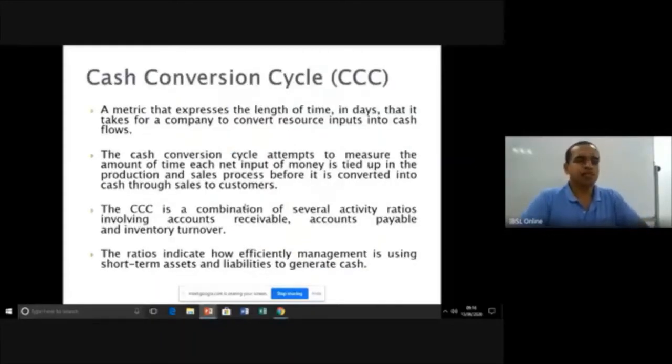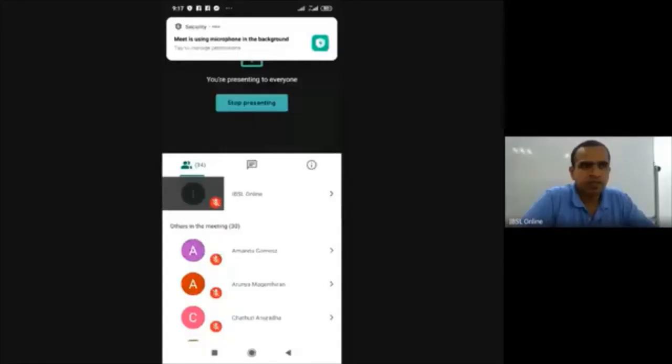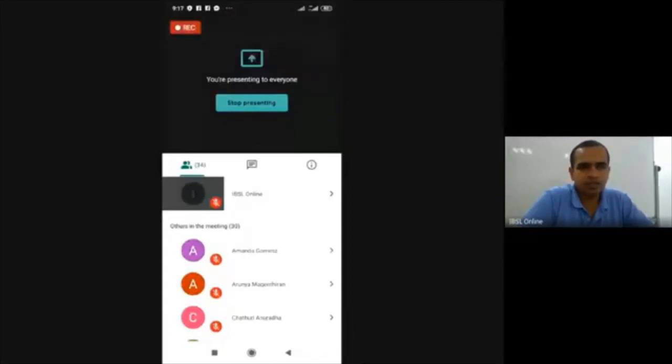Cash conversion cycle is a metric that expresses the length of time in days that it takes for a company to convert resource inputs into cash flows. Right? The time it takes for a company to convert resource inputs into cash flows.